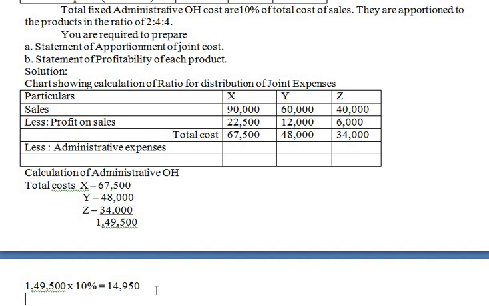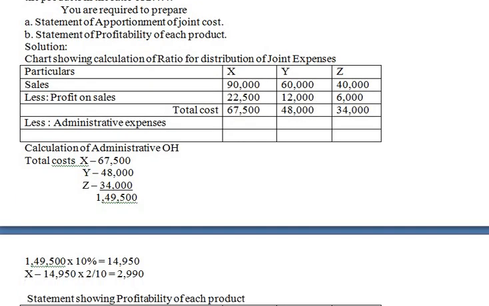Now here we are going to take for X. 14,950 into, now it is 2 divided by 10. I hope everybody is understanding this. That is now 2,990.